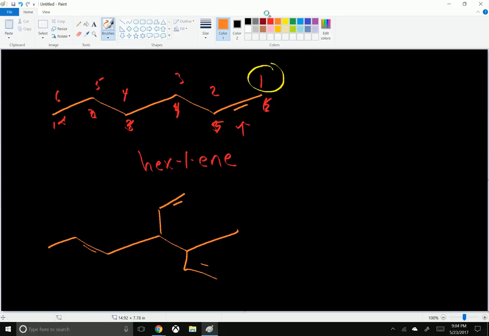But we will just look at the longest possible molecule, and that would be going from this end over here on the left to 1, 2, 3, 4, 5, 6, up here to 1, 2, 3, 4, 5, 6, to 1, 2, 3, 4, 5, 6, 7. So it's going to be coming to this end down here. So these two up here are going to be side chains.